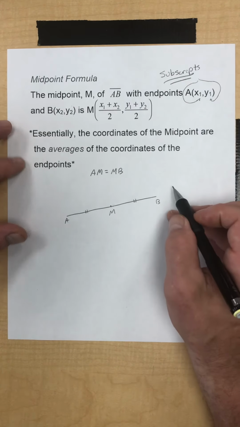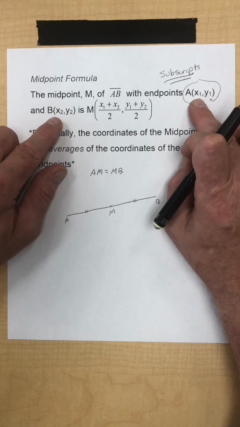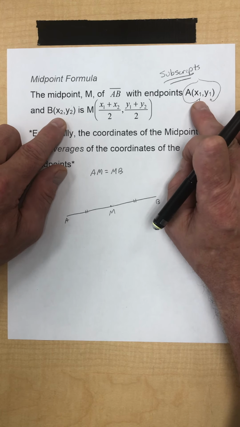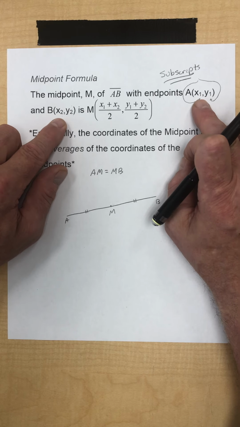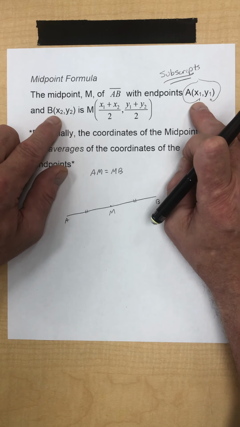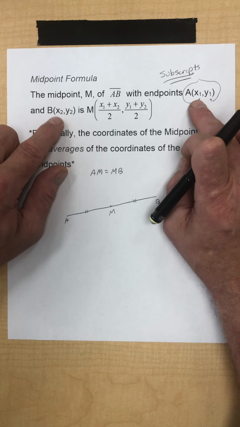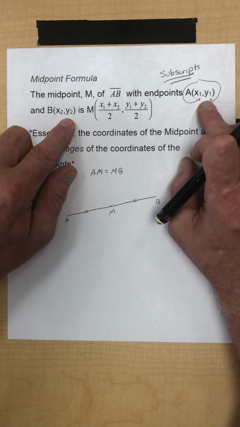Basically what they do is they use it to designate that this is an x coordinate of point A, and that's an x coordinate of point B, but they don't want them to be the same thing, so they can't just put x and x. They have to differentiate between the two, and they use subscripts. So x sub 1 is the x coordinate of A, and x sub 2 is the x coordinate of B, and they're not the exact same number. And the same thing with y sub 1 and y sub 2.